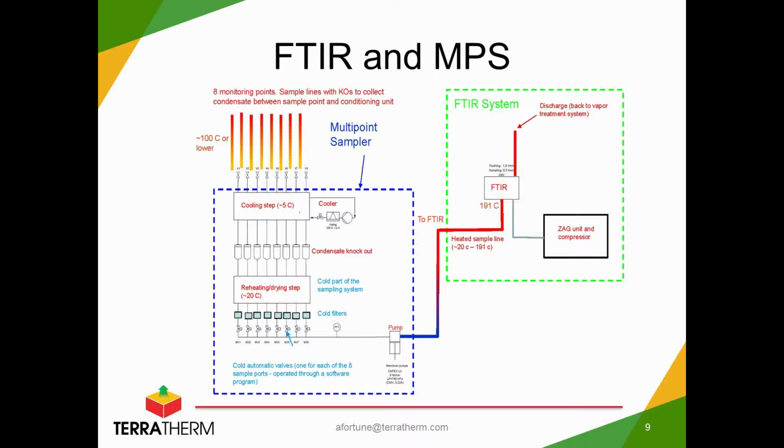We had a setup where we went in increasing concentration order. So we started with what we expected to be the lowest concentrations, for instance the ambient air, and we worked our way up to the highest concentration, which would be the vapors coming directly from the well field before any vapor treatment. In between each of those locations, we flushed out the system with zero grade air.